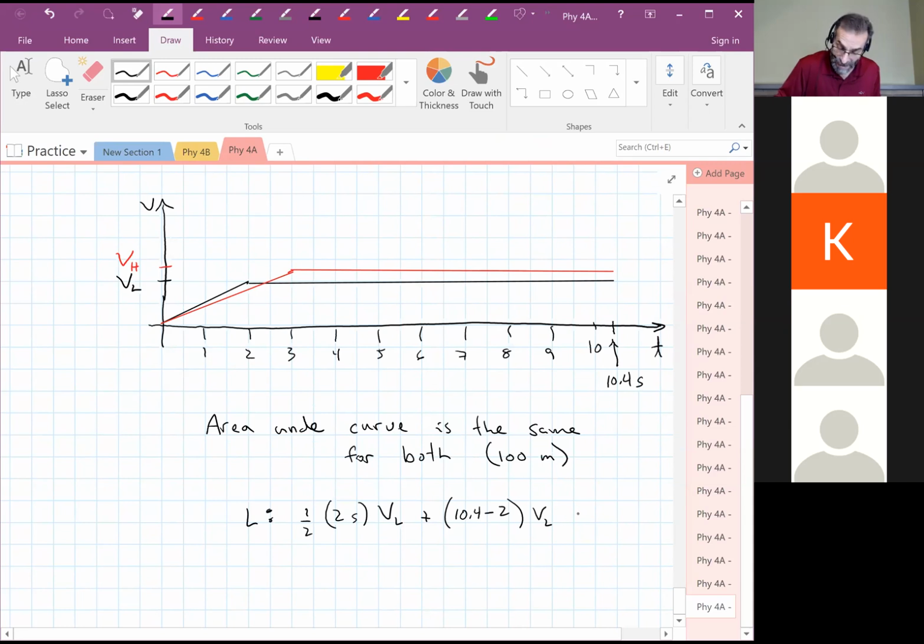And we know that has to equal 100 meters. And I get that the maximum speed for Laura is 10.6 meters per second.